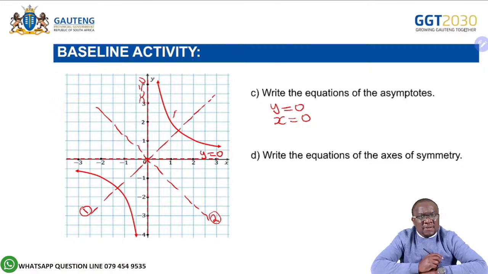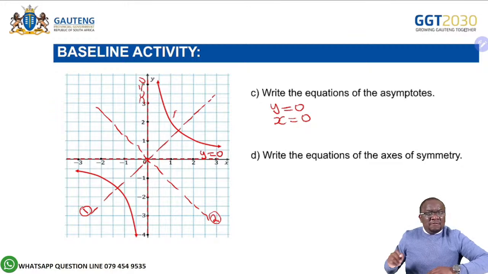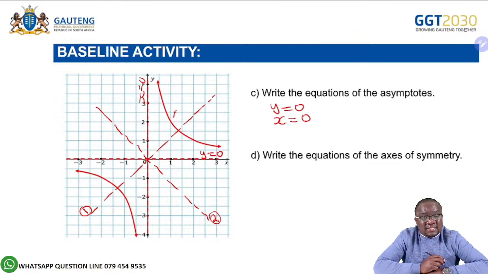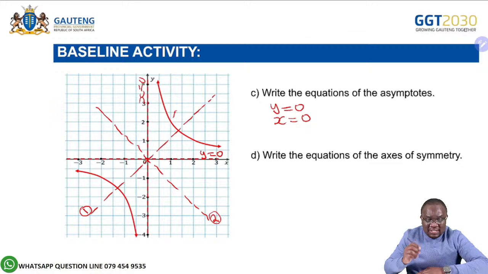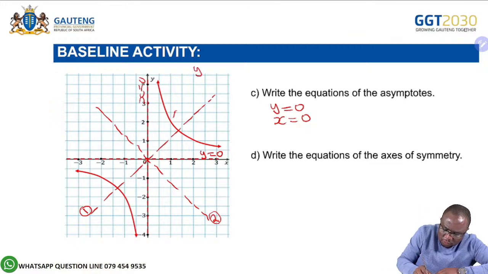I want you to remember this. For the increasing function, the gradient is positive. For the decreasing function, the gradient is negative. What else do you need to know? We've done the equation of a linear function. Okay, in grade 8 and 9, we talked about y is equal to mx plus c.